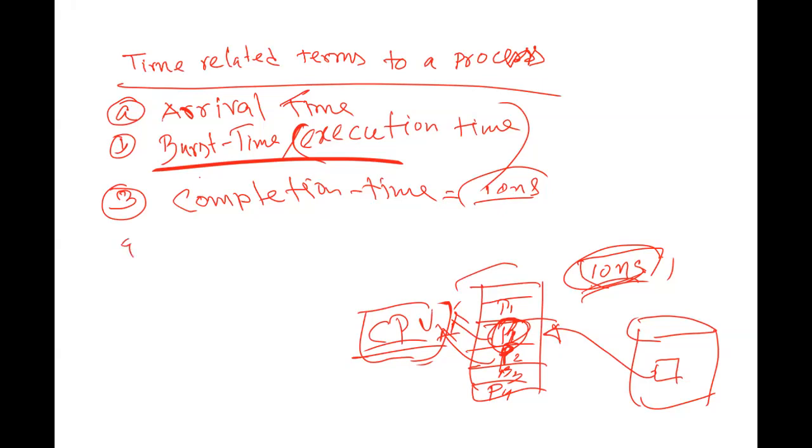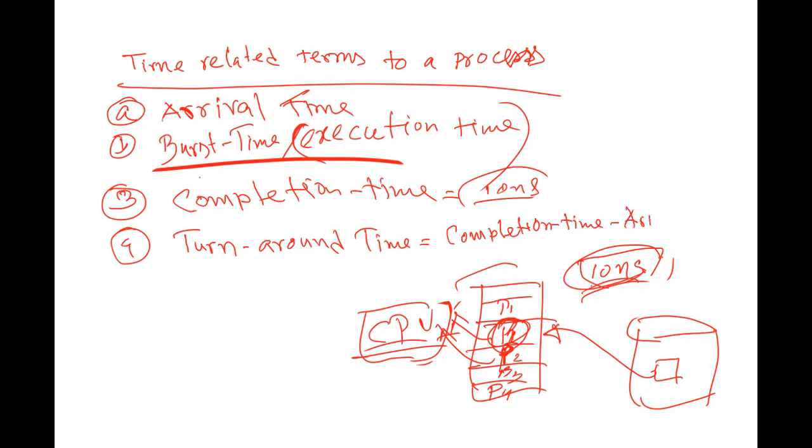Next, number 4 is the turnaround time. Turnaround time is equal to completion time minus arrival time.